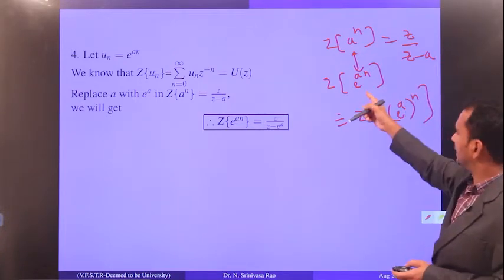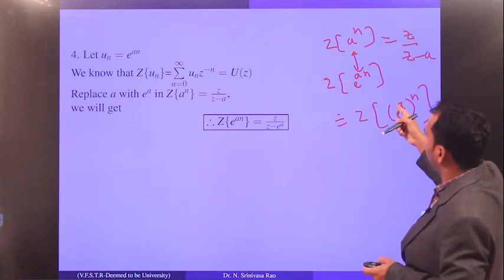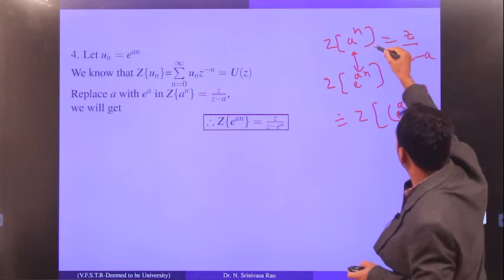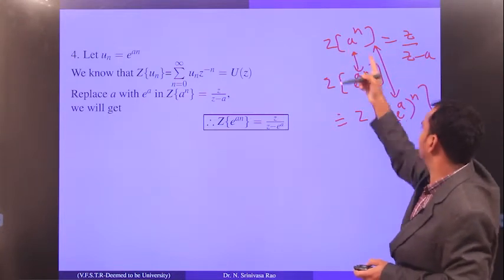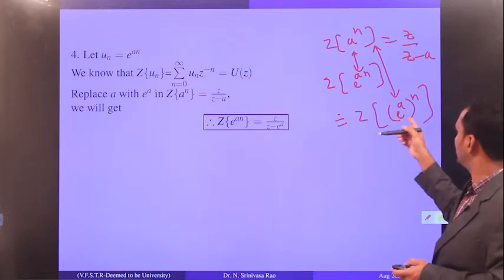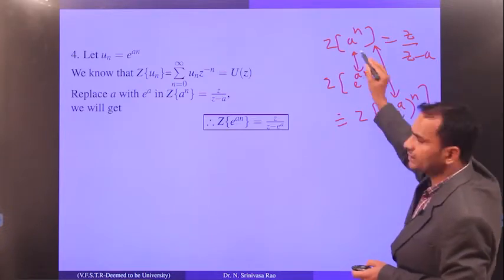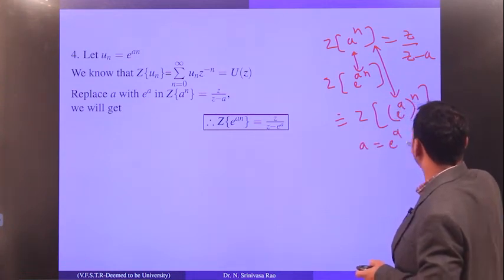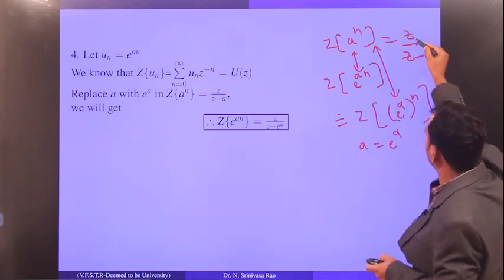So e^(an) can be written as (e^a)^n. If you compare these two, a^n and (e^a)^n, in the place of a it is e^a.